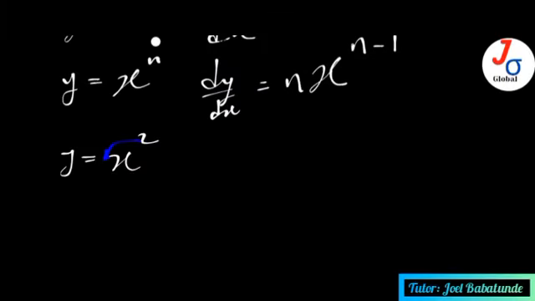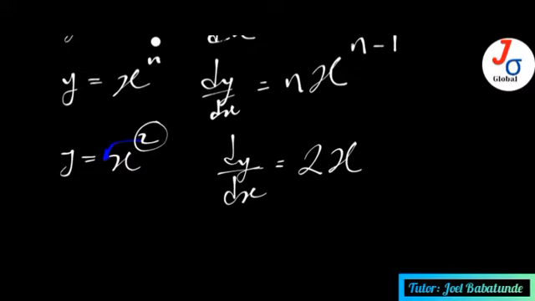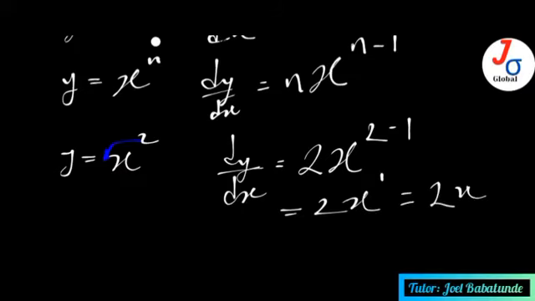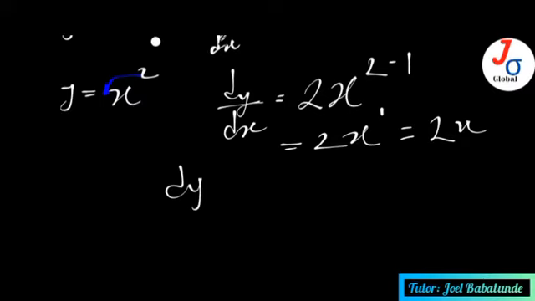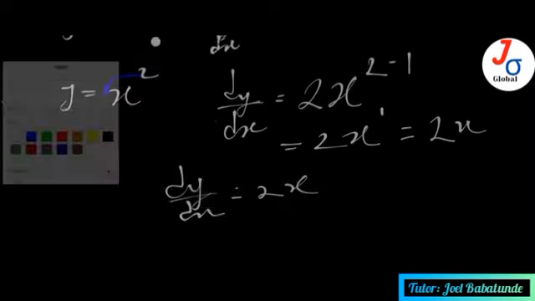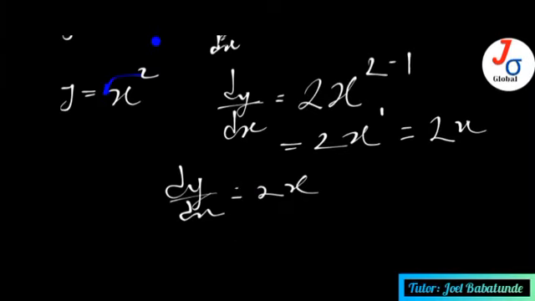Then dy/dx becomes 2, then x, then you have 2 minus 1, and of course 2 minus 1 is 1, and so that gives us 2x. So therefore dy/dx is 2x. So this is the answer.